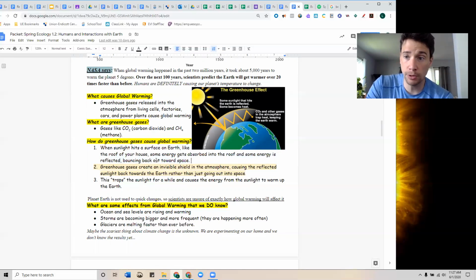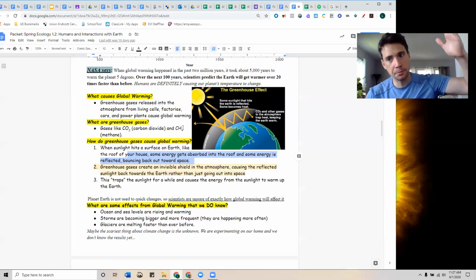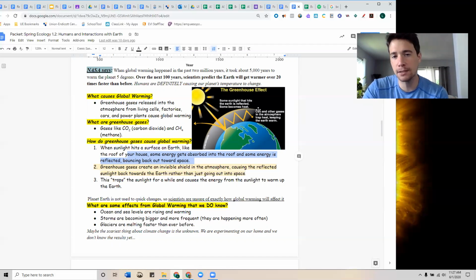But if you have lots of greenhouse gases like carbon dioxide, then some of the energy gets absorbed, but then some of the energy is also sort of reflected and bounces back and hits the Earth because it hits sort of like an invisible shield, right? Greenhouse gases create an invisible shield in the atmosphere.